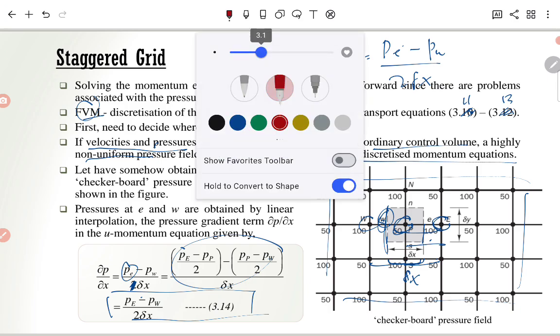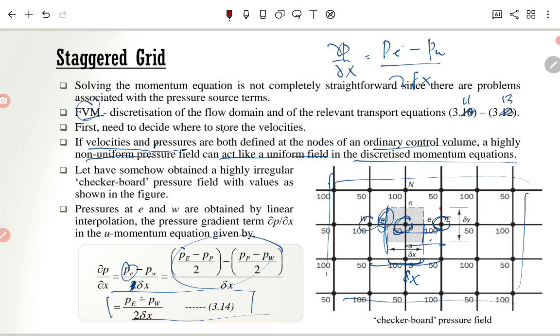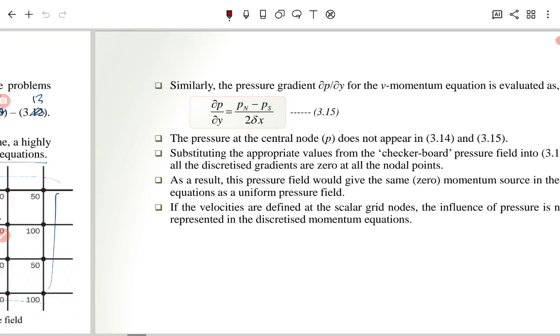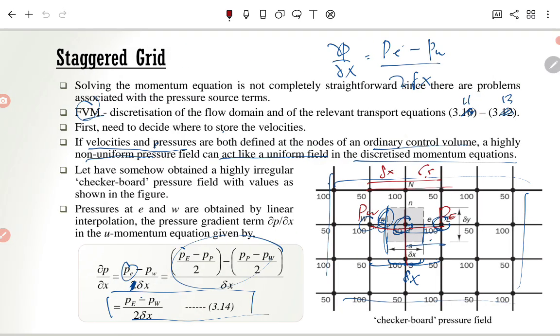We can use the red one: P east and P west here, over delta x. This distance, from this one to this one, is 2 delta x. Similarly in the y direction.